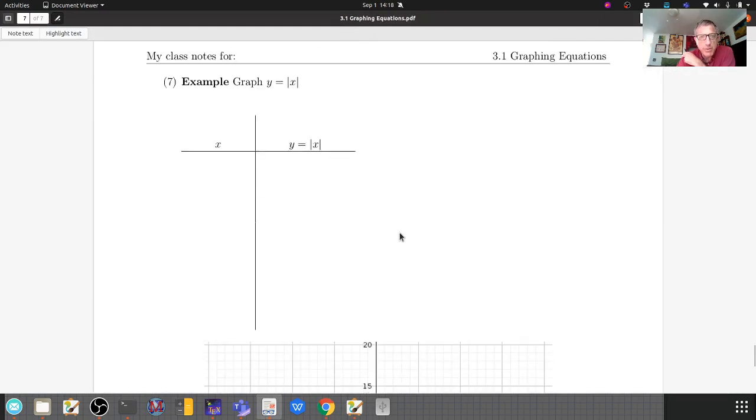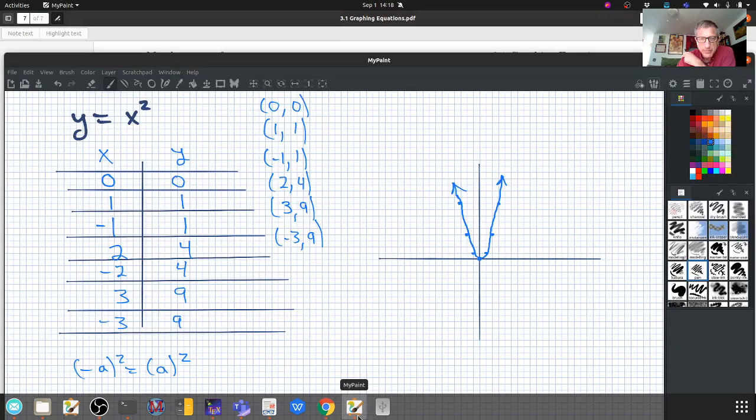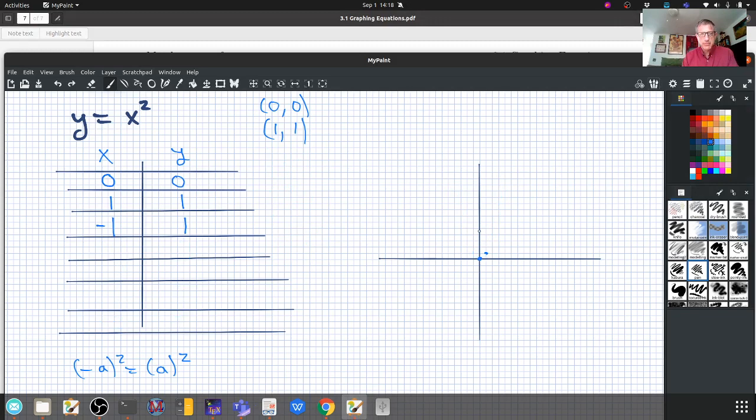Oh, let's graph y is equal to the absolute value of x. You know, Control Z is always underappreciated. Although I just exceeded my number of backward steps. That's fine.